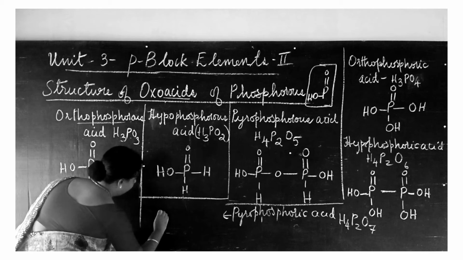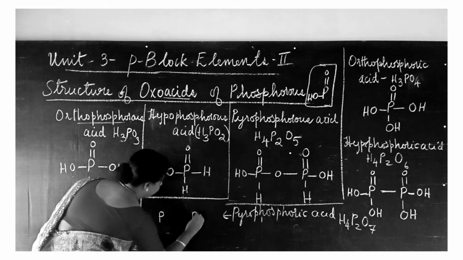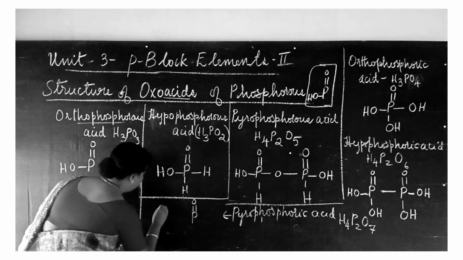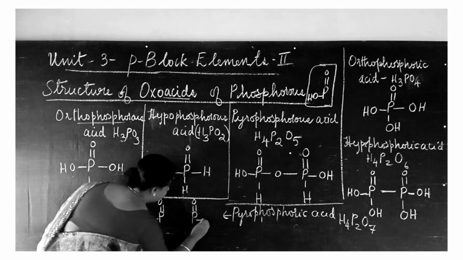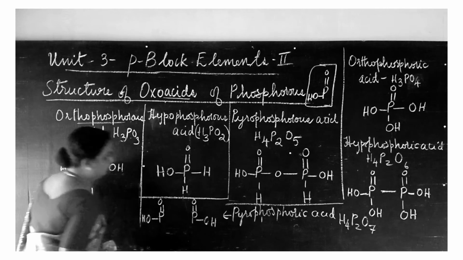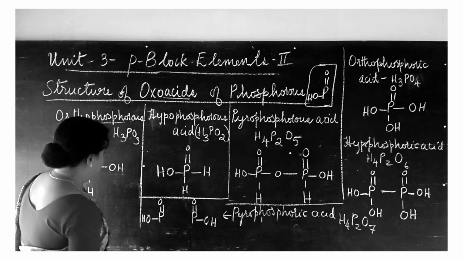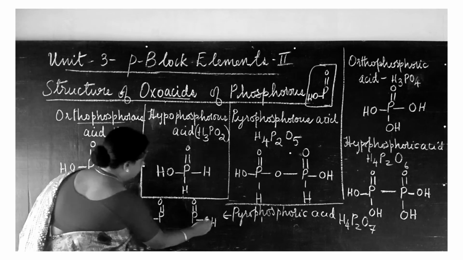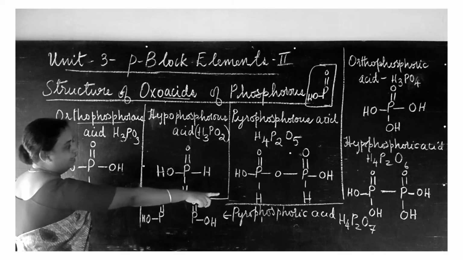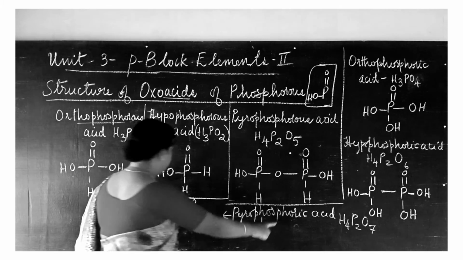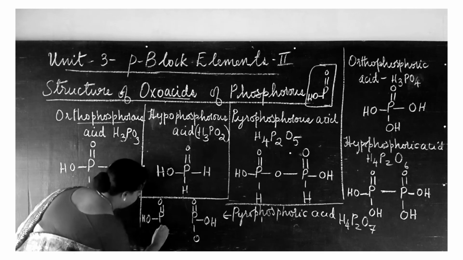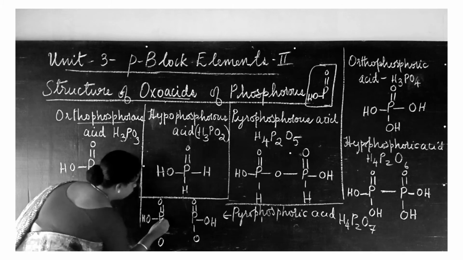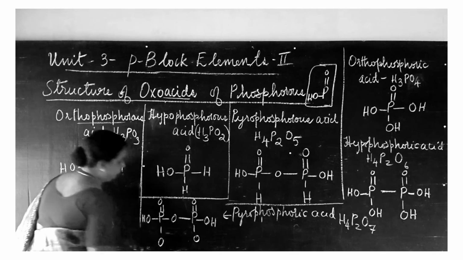So one phosphorus here and one phosphorus here, double bond O, here also double bond O, here bond OH, so here also bond OH. Now 4 oxygen atoms are there, whereas there are 7 oxygen atoms in the formula, so only 4 are here, so one I give over here, another one I give here, one more is left, so that I just put over here.